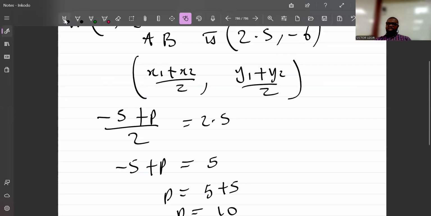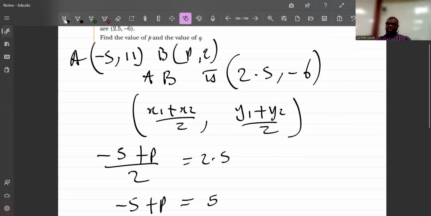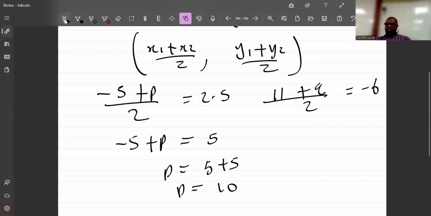So if that is the case, I can do the other part. I will have 11 plus Q all over 2 equal to minus 6, which will give you 11 plus Q equals minus 12.